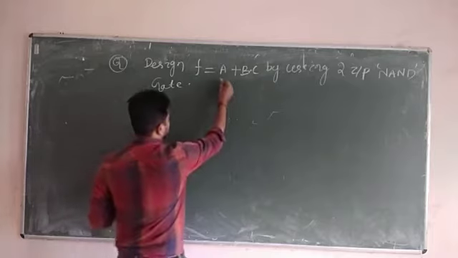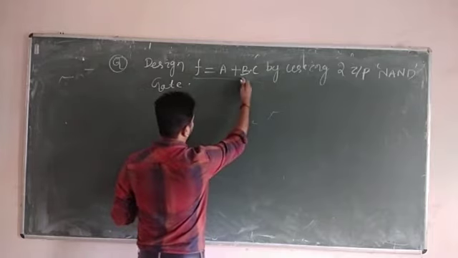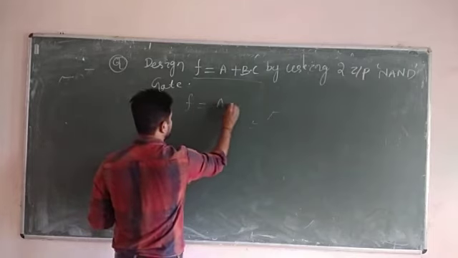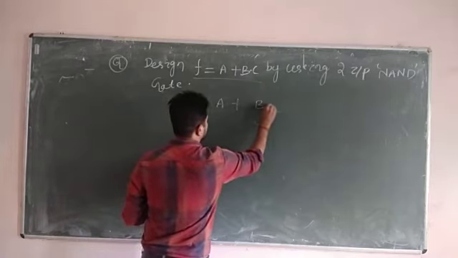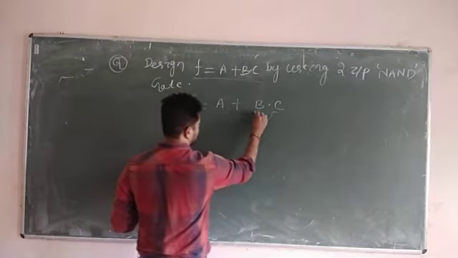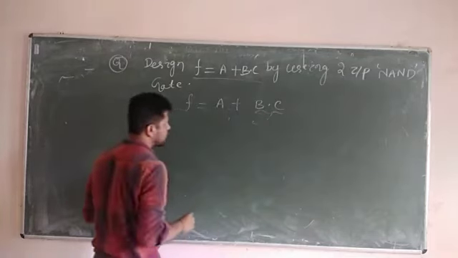First of all, the basic logic is A or B and C. So how are you going to implement this F is equal to A or B and C? Obviously, first we implement this by using an AND gate.